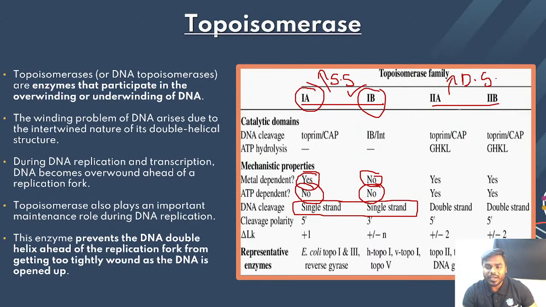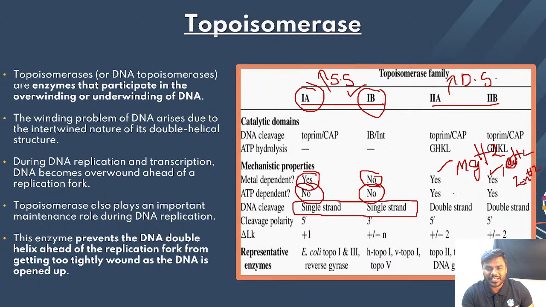Now friends, when you look at topoisomerase 2A and 2B, all of you pay attention. 2A and 2B compulsorily require a metal as their cofactor. As I told you, mostly they use either magnesium or zinc as their major cofactor. I'm so sorry, it's not copper. And what is the unique statement?